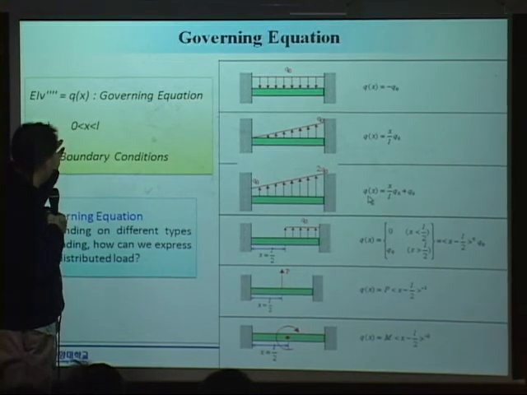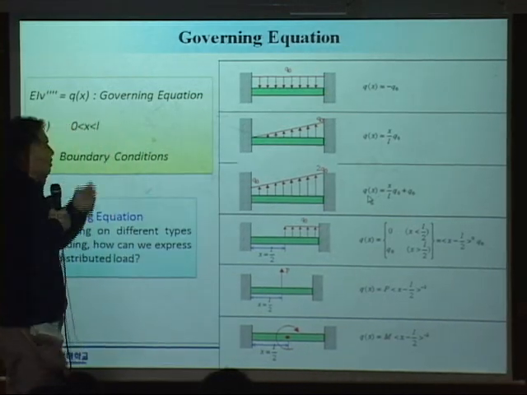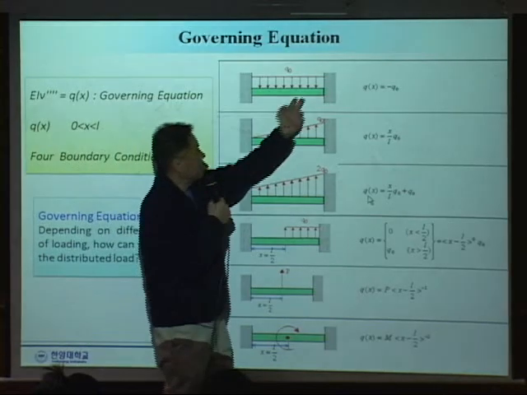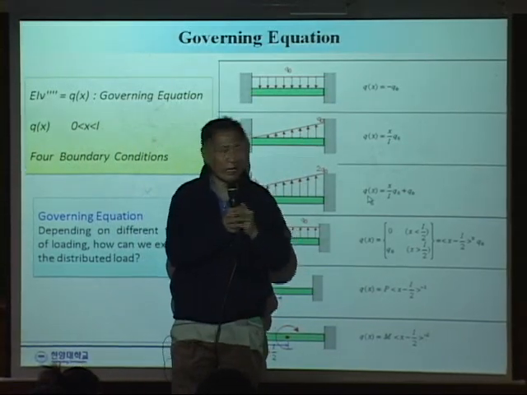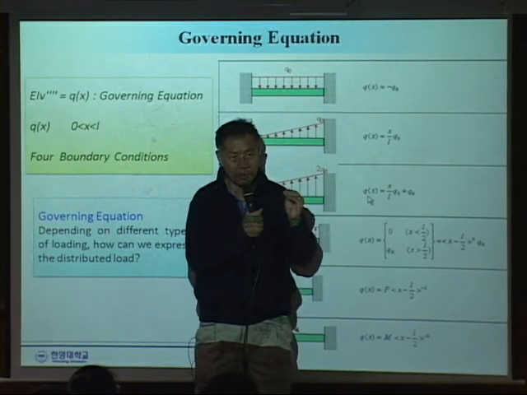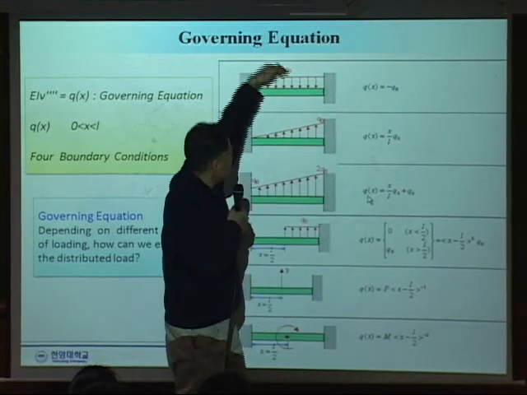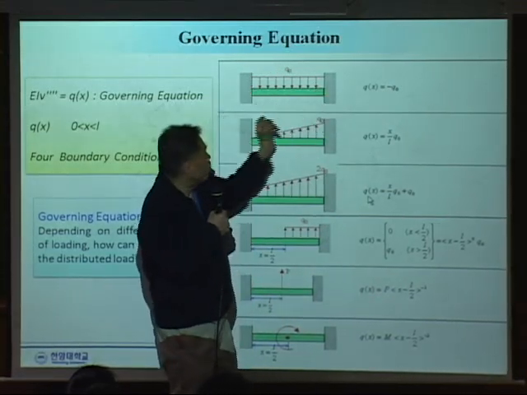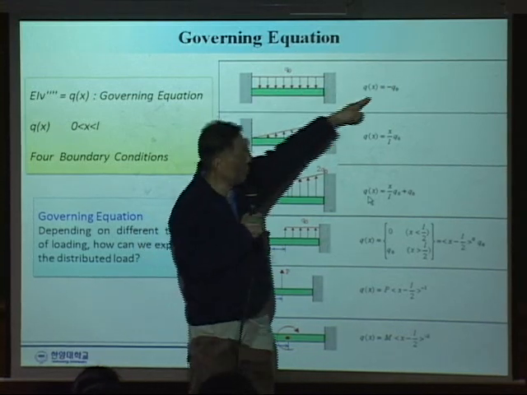Well, first of all, what kind of Qx can we have? Well, here, for instance, uniform Qx. Then Qx will be minus Q0, constant. Why is there a minus there? This is downward, right? Usually upward is positive, so downward will be minus.